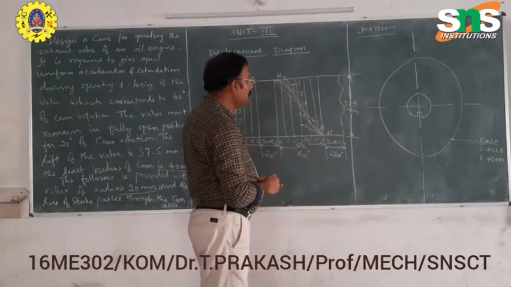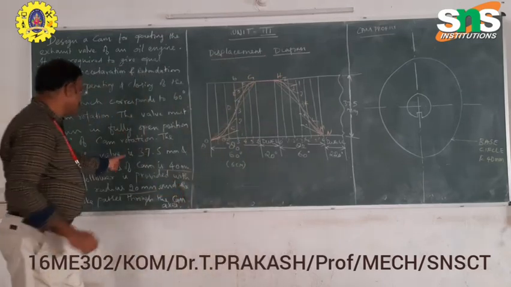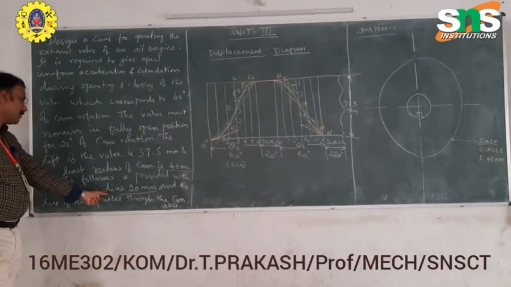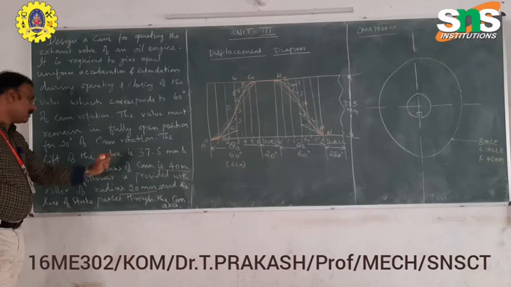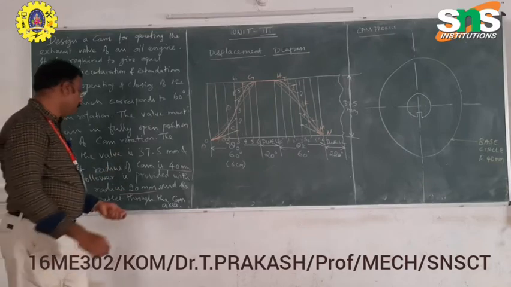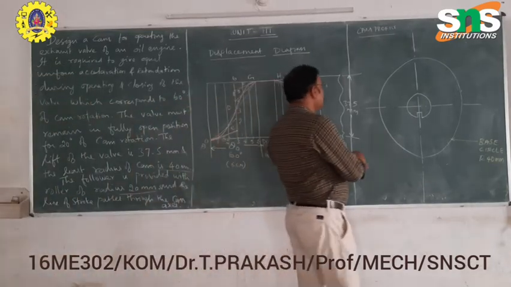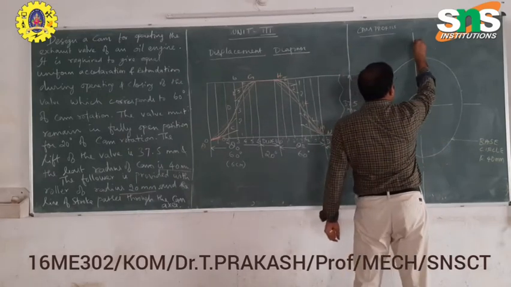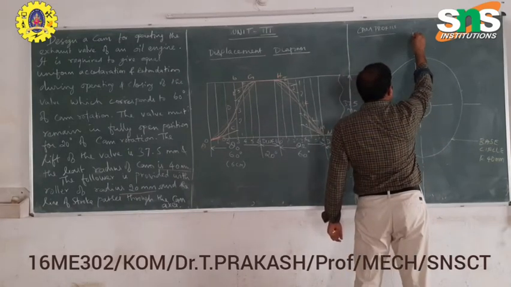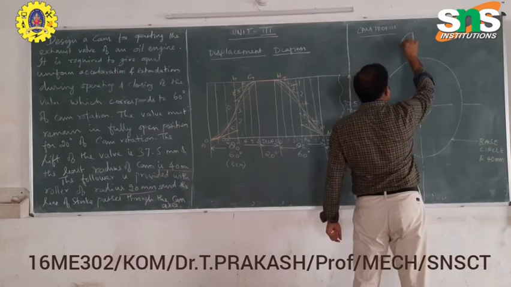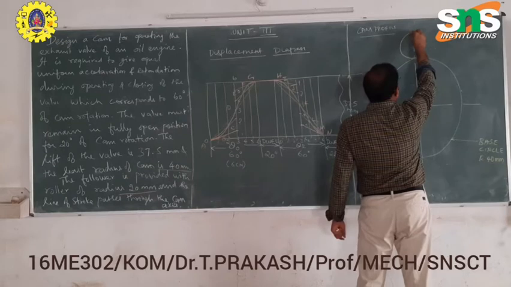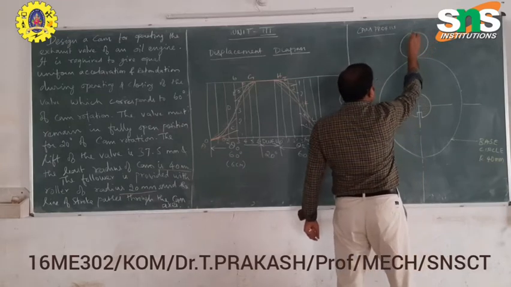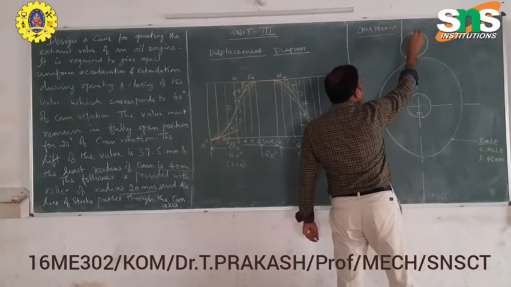Next, the follower is in line with the cam axis. Therefore, directly we can mark the roller of radius 20 mm. You have to mark it in line with the axis. The roller radius is 20 mm. We project the lines.